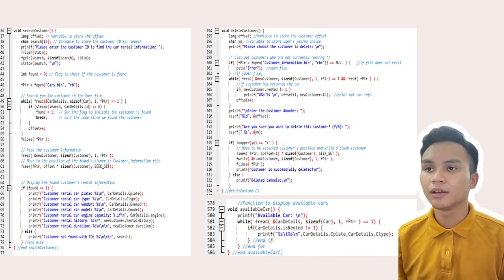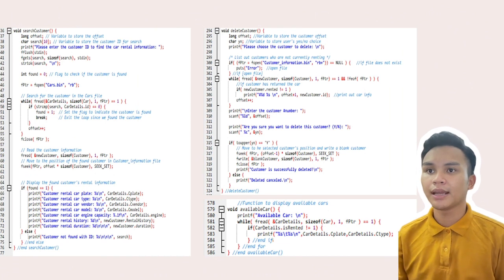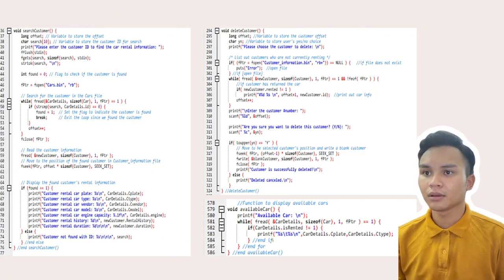Search customer. First, it will print please enter the customer ID to find the car rental information, and then it will search for the customer in the car files. If the customer is found, it will display the found customer's rental information.